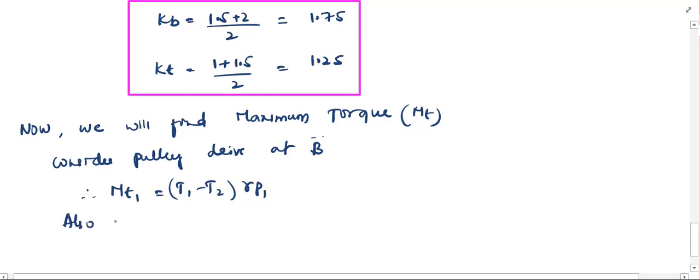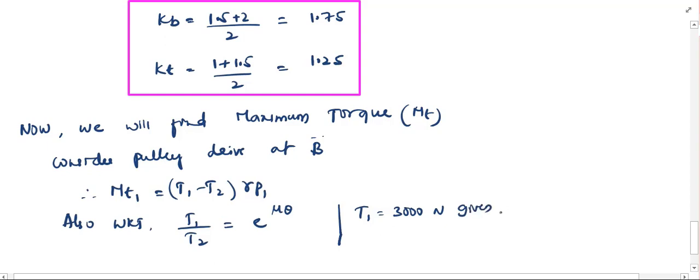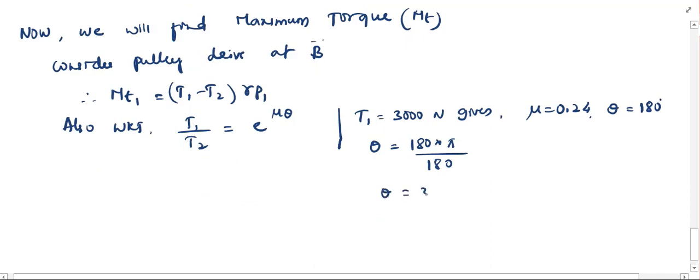Also we know that the ratio of tensions T1 by T2 is e to the power mu theta. The given value T1 is equal to 3000 newtons, the coefficient of friction mu is 0.24, and theta is given as 180 degrees. Let us first convert theta from 180 degrees into radians: 180 into pi by 180. So theta will be 3.142 radians.